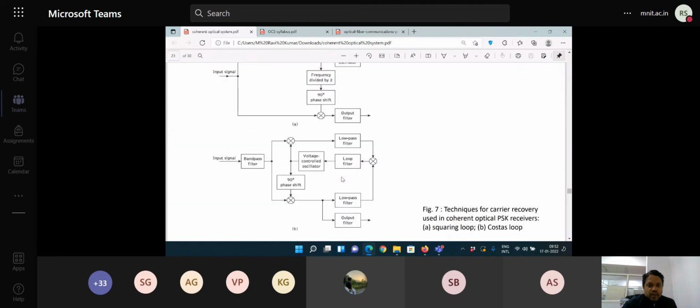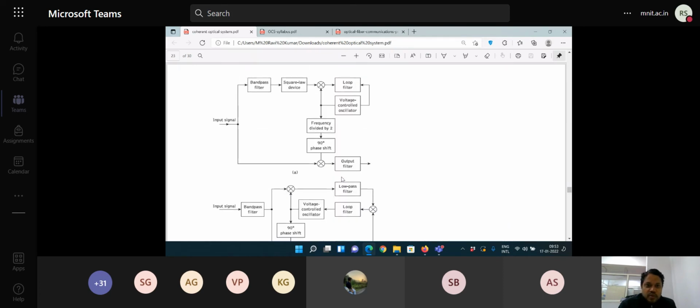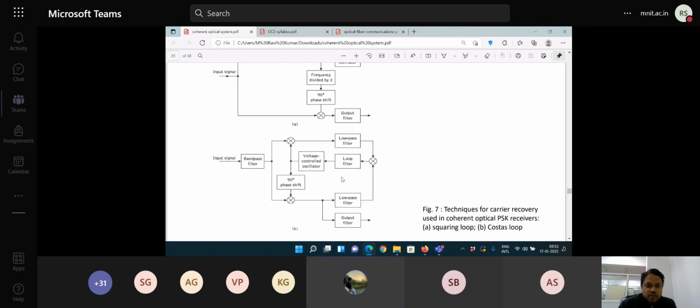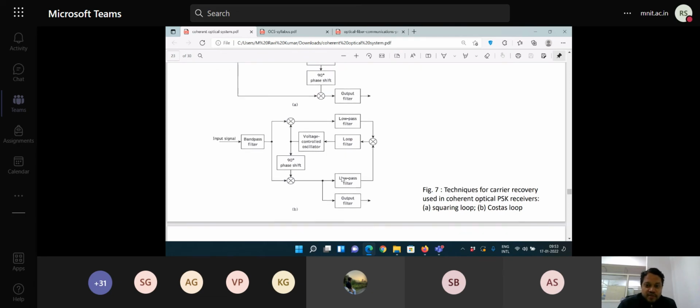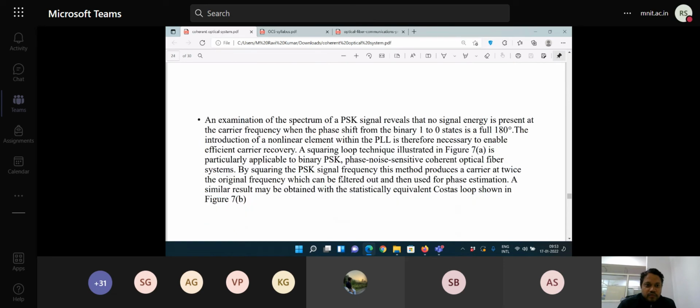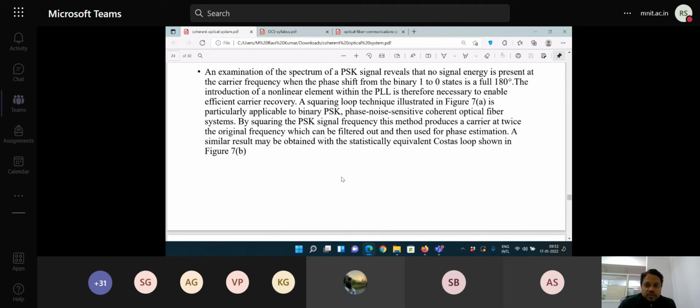So this is a block diagram of carrier recovery which is used in coherent optical PSK receivers. The first one is a squaring loop, and the second one is a Costas loop. So these are what are known as phase lock loops to get the phase locking at the intermediate frequencies.